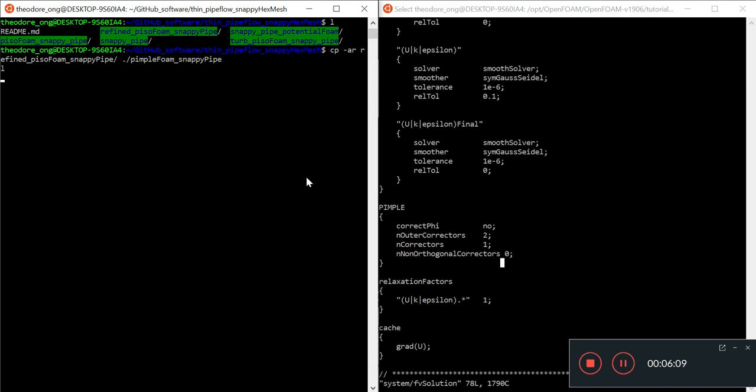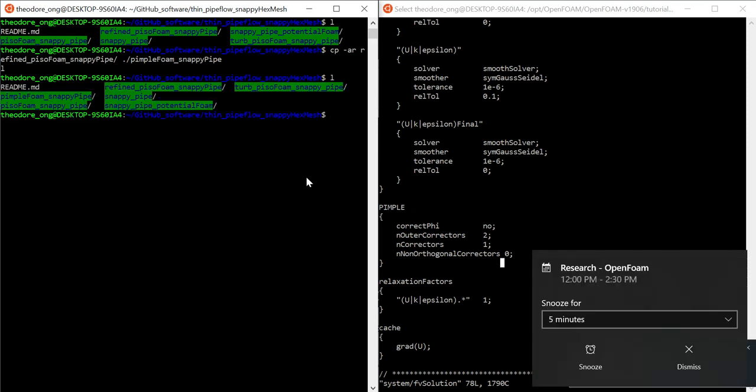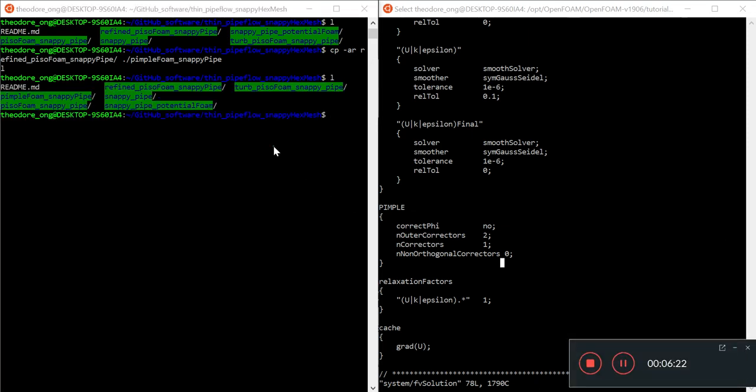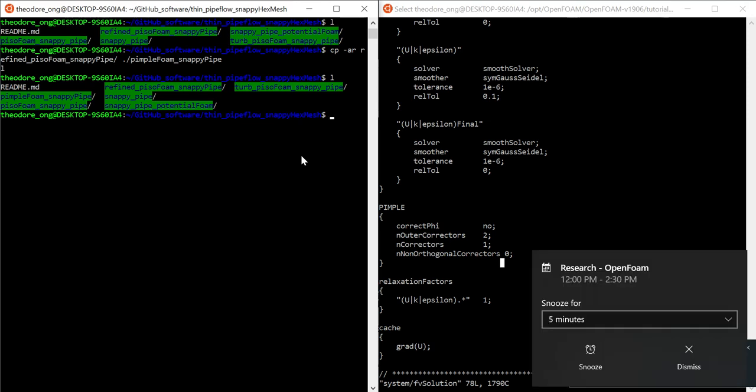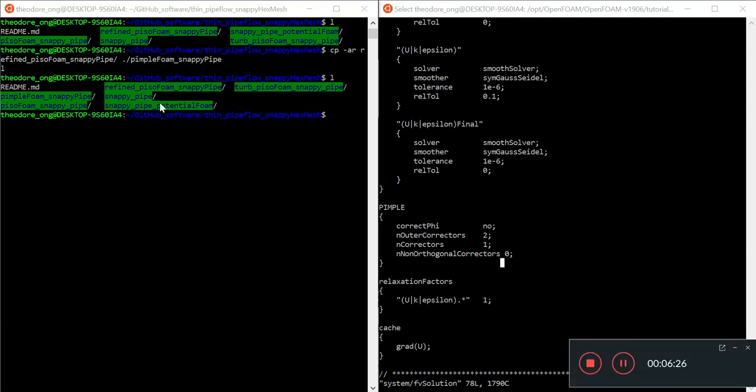Okay, so while it is copying, it's going to take a lot of time to copy all of that around. It's taken a fair bit of time, but we can take a look at what we have here.